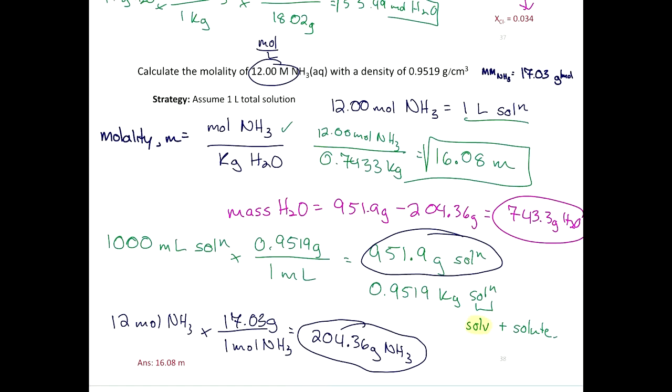Molality only considers the mass of the solvent. So we need to figure out how much our solute weighs and do that subtraction to get just the mass of water present in this solution. That one's definitely harder. We had to use density because molarity was involved.